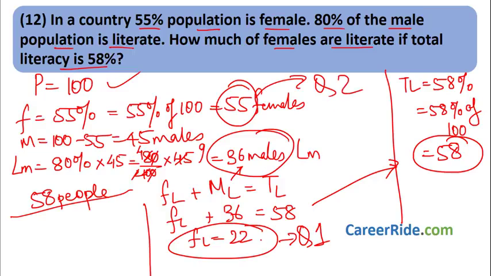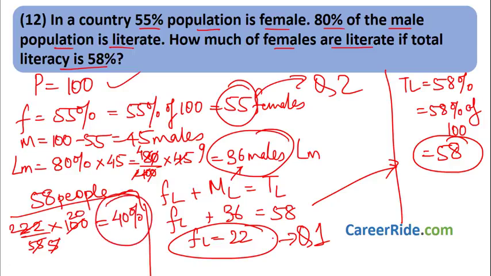How much percent is literate women of total women, or how much percent is literate female to total female? That is nothing but quantity 1 upon quantity 2, and since we want percentage, multiply by 100. What do we get? 11 2s are 11 5s are 5 into 2 20, 40%. So 40% females are literate.